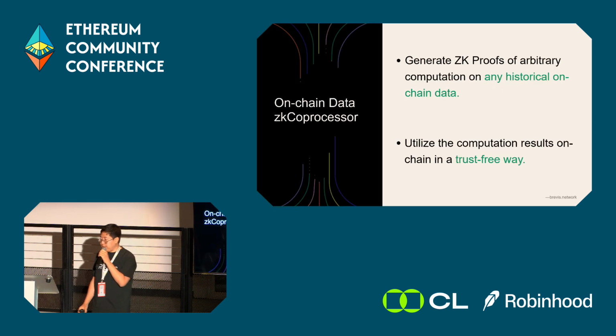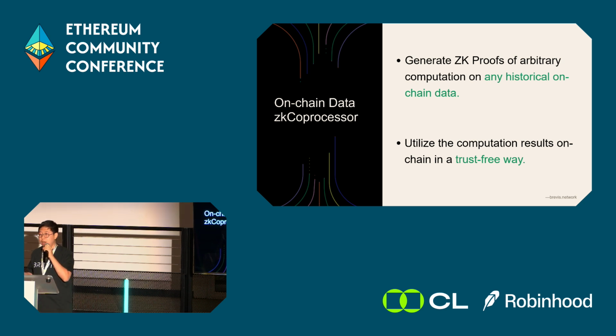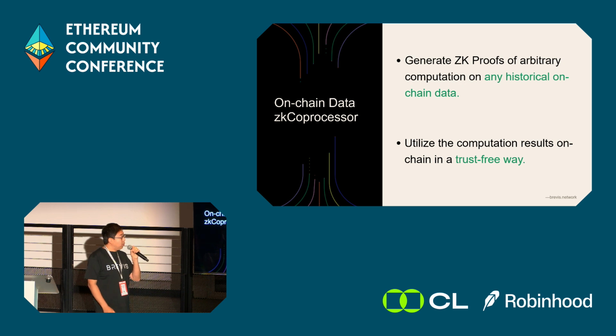So let me give you a very specific example. In the blockchain space, a lot of use cases we see involve computing and accessing historical on-chain data, such as computing a user's trading volume, which means accessing the user's trading events in the past. So we built this on-chain ZK data coprocessor where you can generate ZKPs for arbitrary computation on any historical data and use that directly in our zkVM.